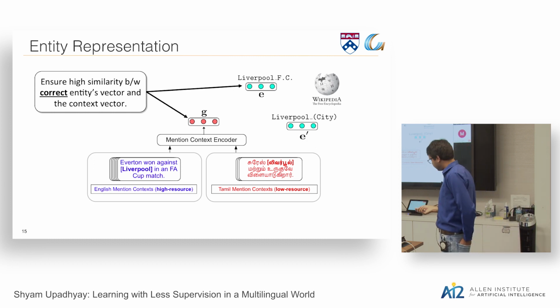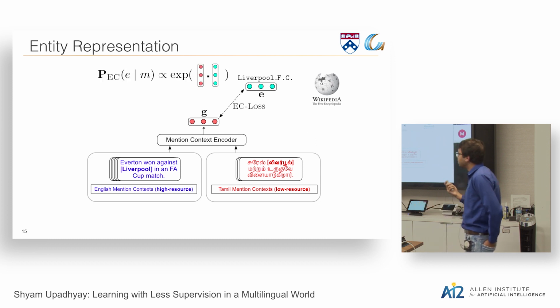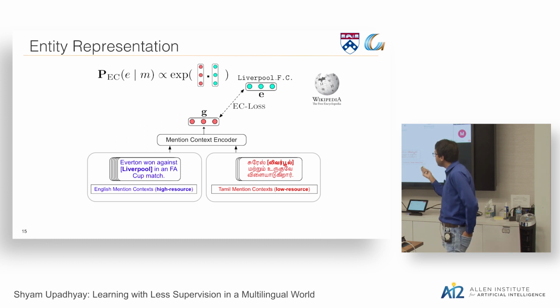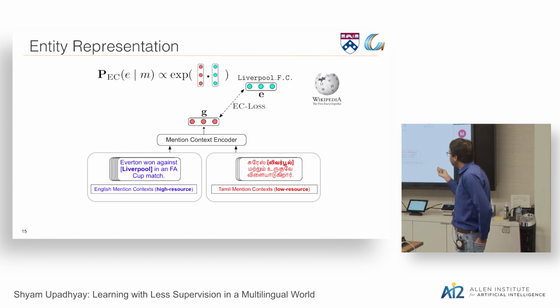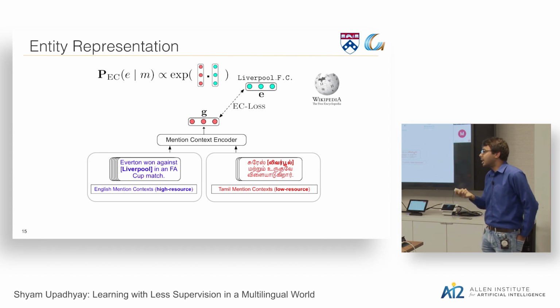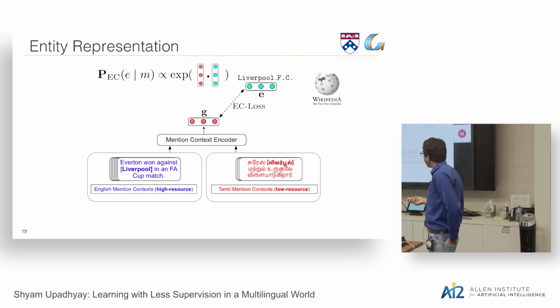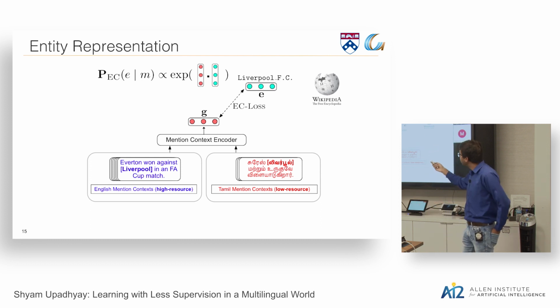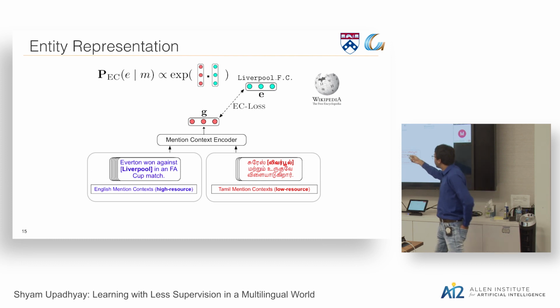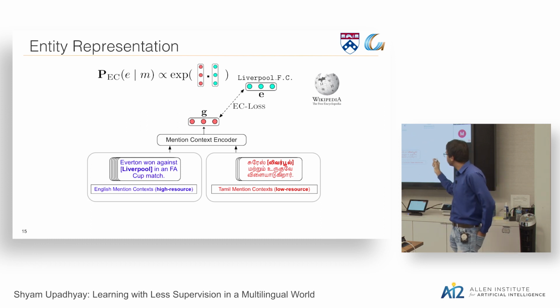And to ensure this, we can define a conditional probability distribution, which is the probability of linking to a given entity given the mention context, which is M. And this can be defined to be a function of the similarity of these 2 representations. And at training time, what we can do is maximize the log likelihood of this conditional distribution for the correct entities. And for that, we can define an appropriate loss term, which I'm going to denote by the EC loss. So this is entity given context loss.